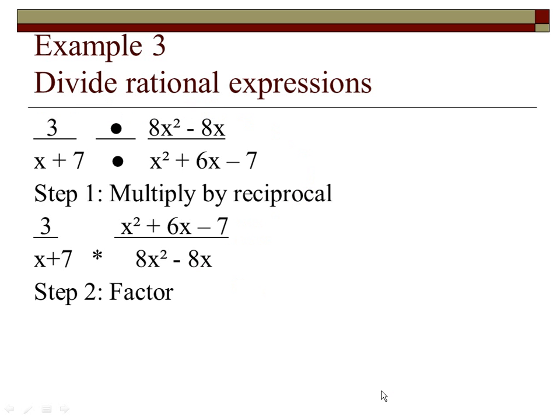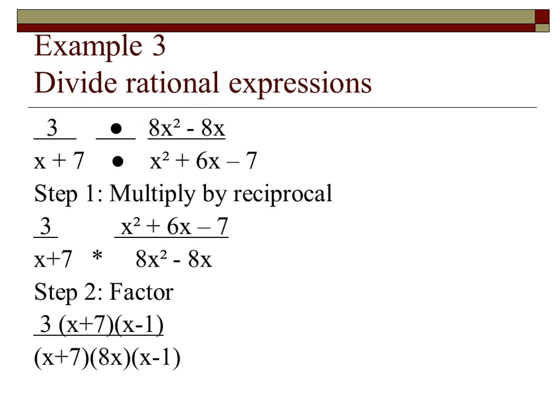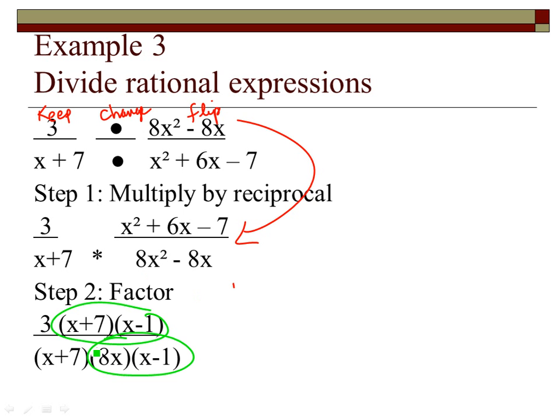Then we factor everything that's in sight. And so the x squared plus 6x minus 7 factors to this. And if you multiply this, you'll see that those are the factors for x squared plus 6x minus 7. And in the denominator, 8x squared minus 8x, it does have a GCF, 8x, and it factors to this part.